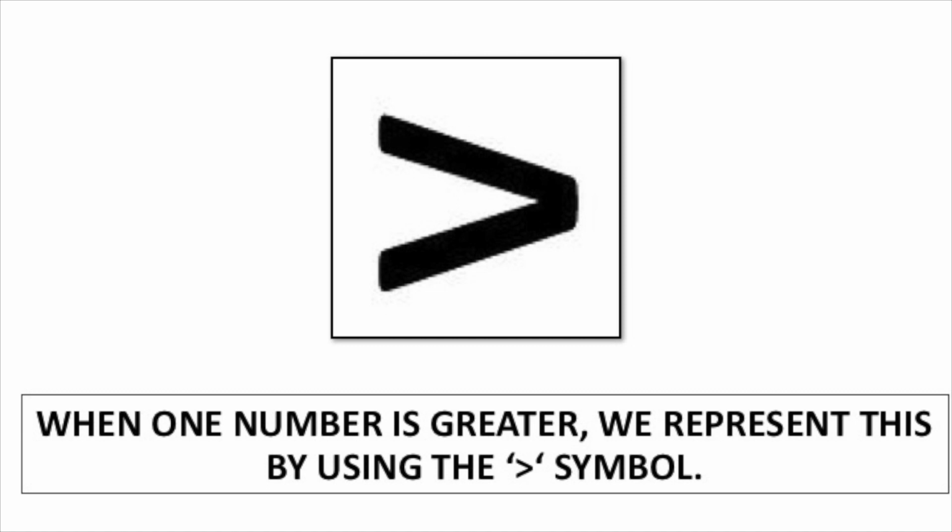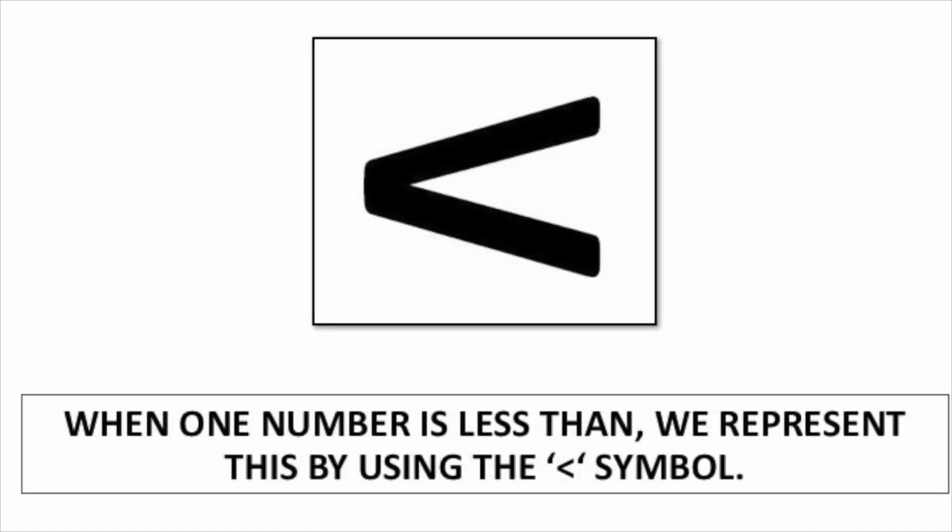And then the third symbol, when one number is less than, we represent this by using the less than symbol. And a good way to try and remember, for less than, if you look at the less than symbol, it looks a little bit like an L. It looks like an L, but it's not straight at the top. It comes in. So if you're wondering which of the 2 symbols is less than, try to remember it's the one that looks most like an L.